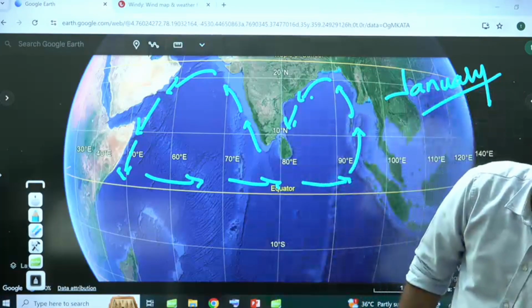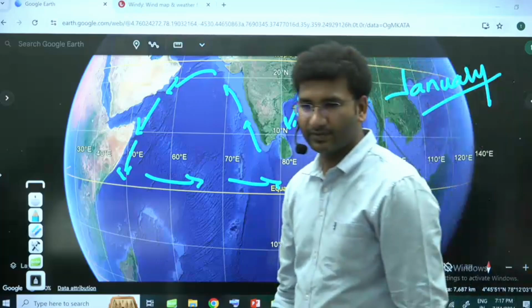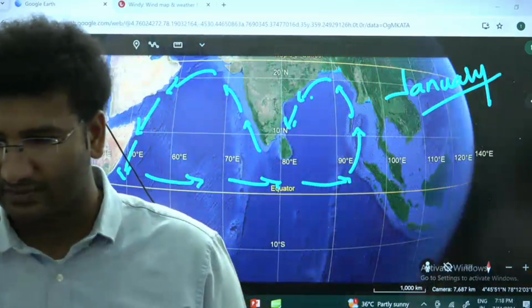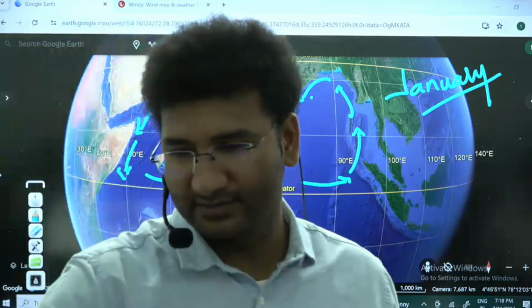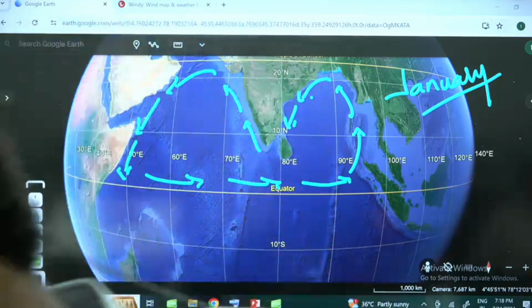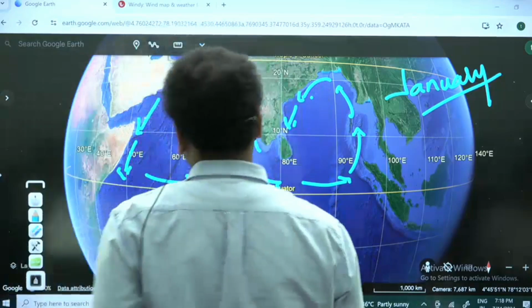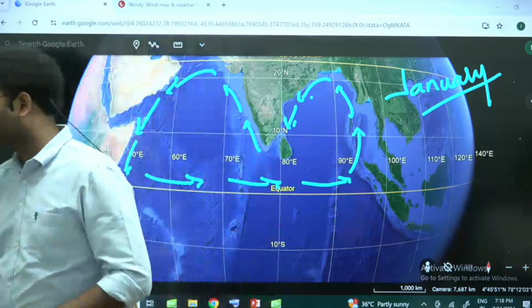Open the ocean, same map. Anyone who has the TTK atlas? उसमें लिखा है ना? This is January's ocean water currents.